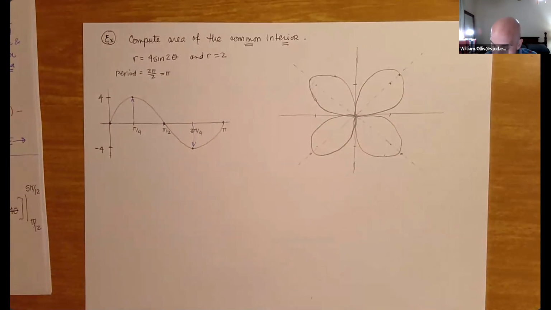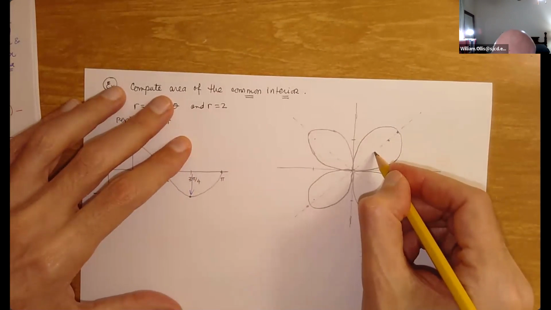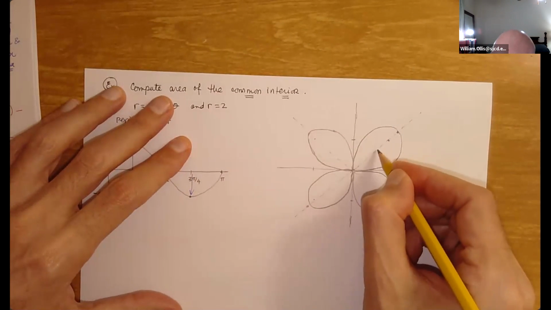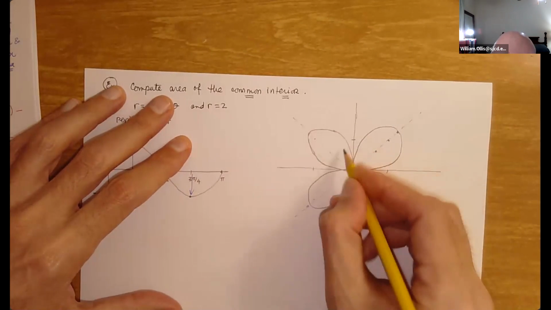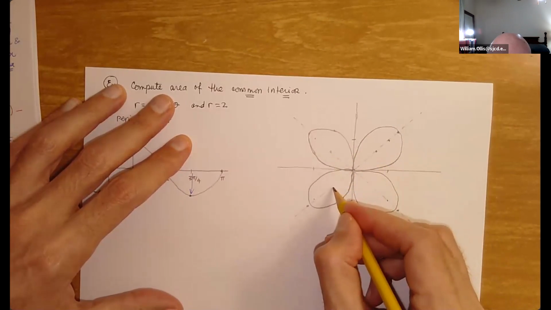So now what I want to do is just mark in a circle r equals 2. So again, this is not going to go all the way to 4, clearly. So I'll just mark this off and see if I can go ahead and draw the circle.